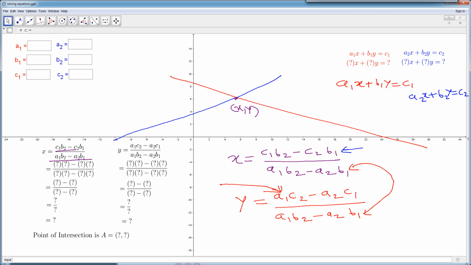So I request you to remember these formulae and try to solve a couple of examples based on them. Once you remember these formulae, you will be able to find the intersection point of any two lines.